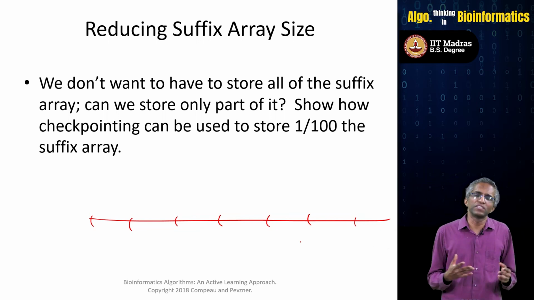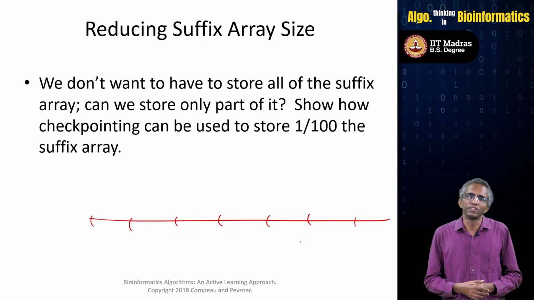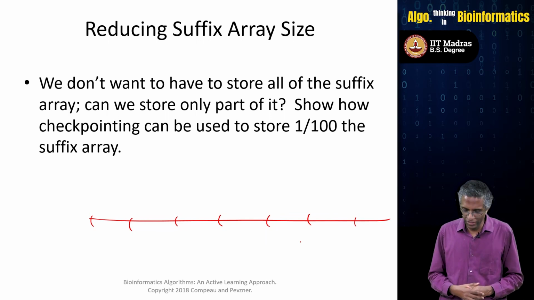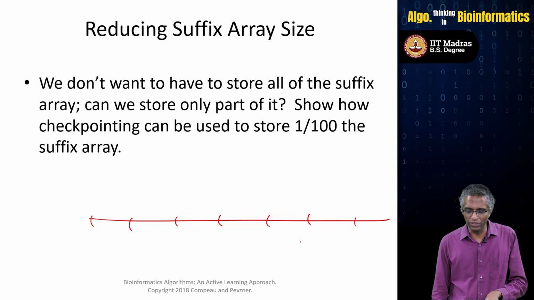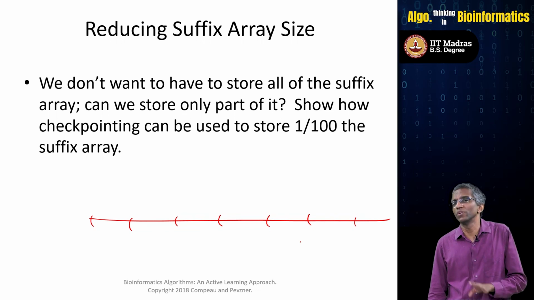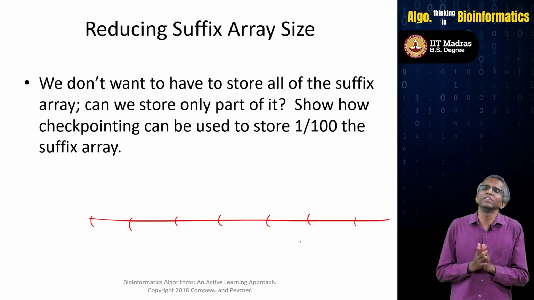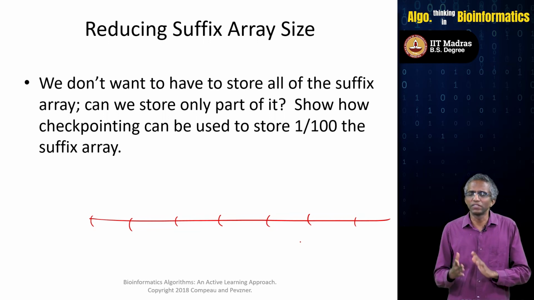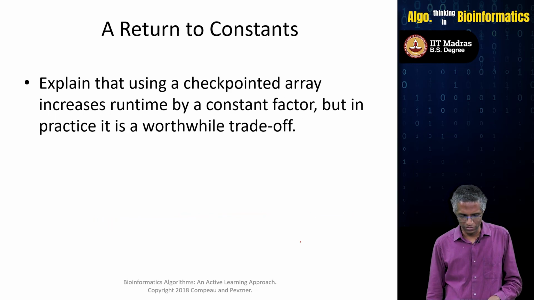For all the other suffixes, you spend a little more time to figure out what order they should come in, okay? But we are not going to go into that. These are called checkpointing, so you can go even further than 4 times the genome size. You can go to 4 over 100 times the genome size, but it will increase the running time of the pattern matching a little, for a shorter storage space, okay?